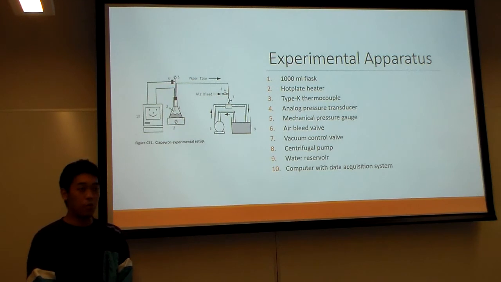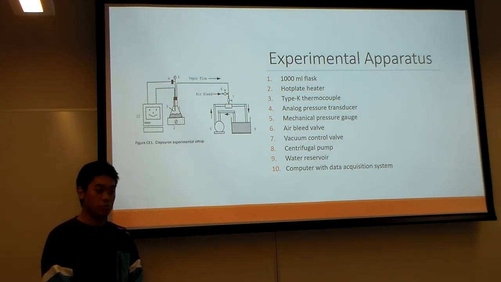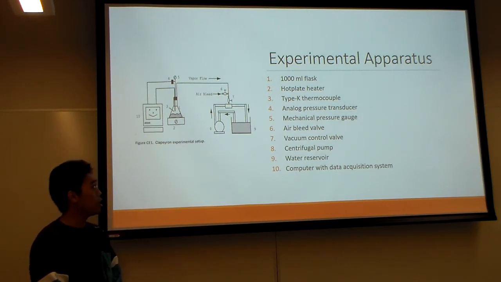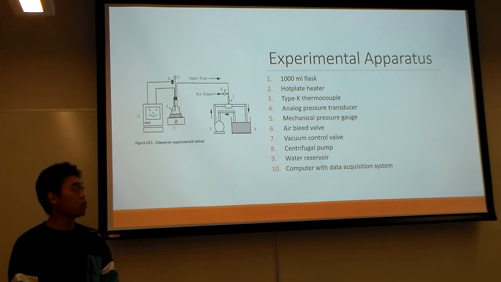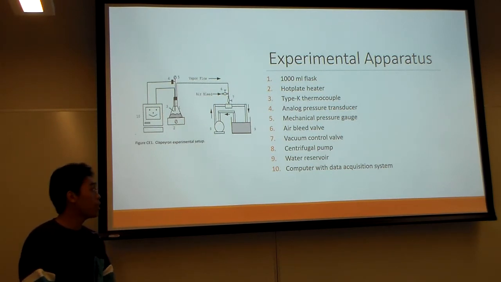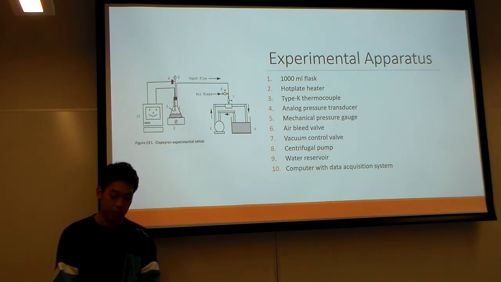The experimental apparatus that we used last time was a 100 milliliter flask, a hot plate heater, a type K thermocouple, an analog pressure transducer, a mechanical pressure gauge, an air bleed valve, a vacuum control valve, a centrifugal pump, a water reservoir, and also a computer with a data acquisition system.